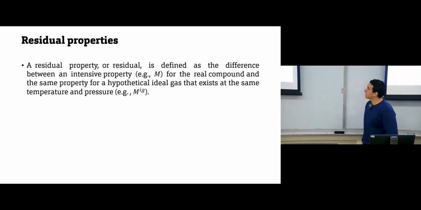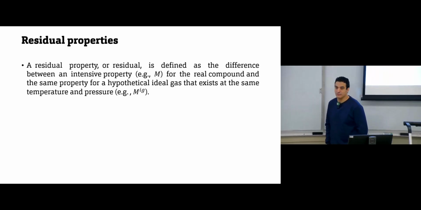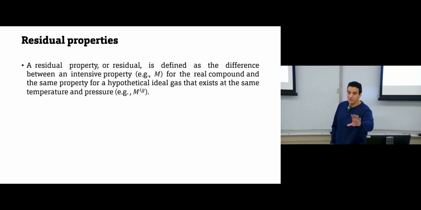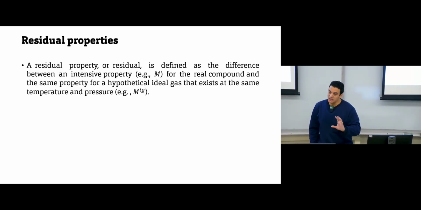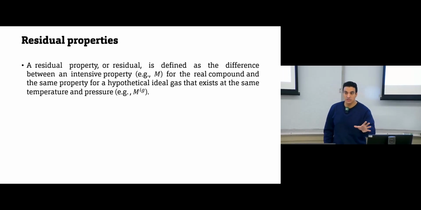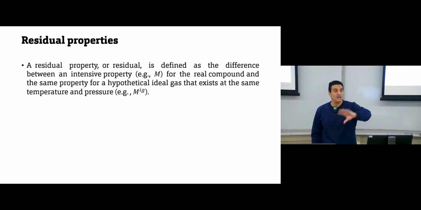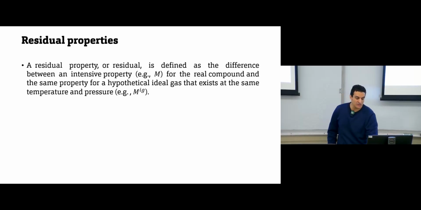Residual property, in general, is the difference between an intensive property of the real compound and the same intensive property for this compound if it were ideal at the same temperature and pressure. And this is the mathematical formula of it.